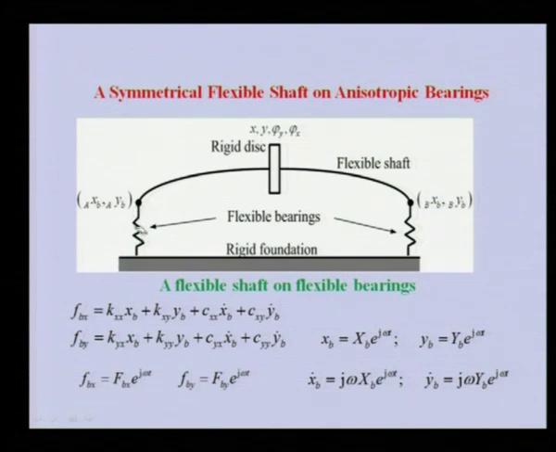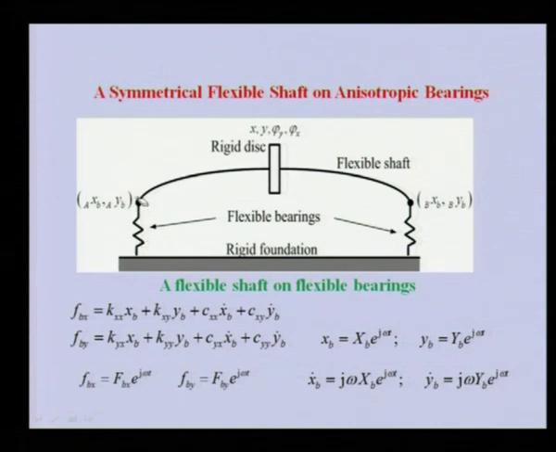Not necessarily only springs, we can take the 8-coefficient linearized model of the bearing in this case, but just for simplicity we have considered a spring here, and in the analysis we will consider the 8 linearized coefficients of the bearing.